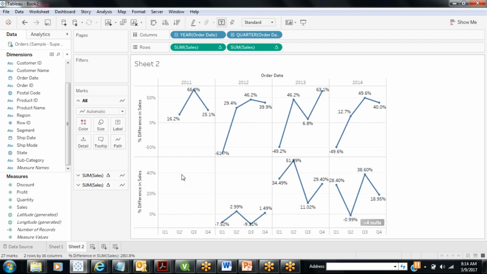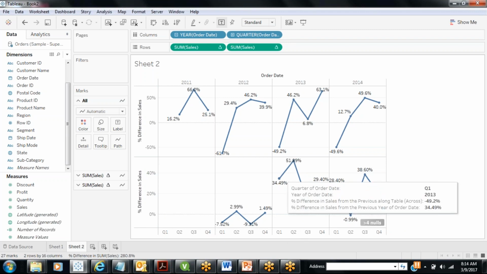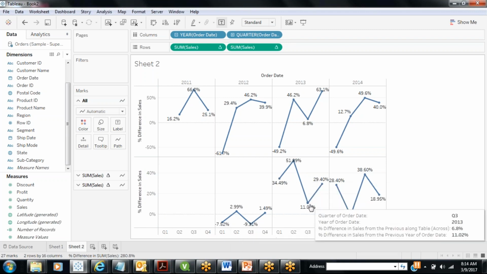So my previous year doesn't have any value, so this is 0. Now here, you see, this year compares with your previous year, and it goes accordingly. But here it is not the case.